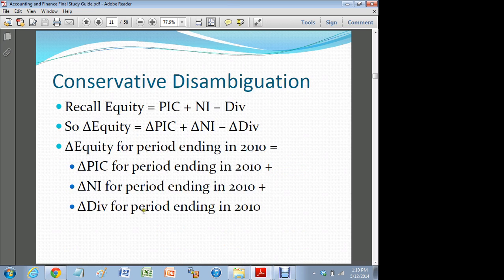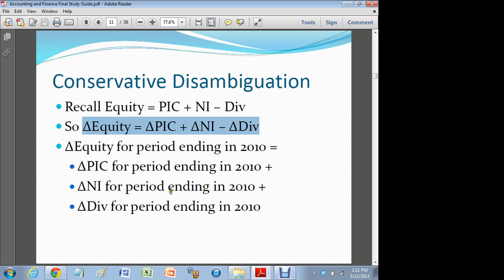We've seen this before with this equation, equity being the sum of PIC and net income, minus dividend. What we can do is add the delta before each of the terms, and this would still hold true. Now we have to really understand what this means, because we're going to use this equation going forward.